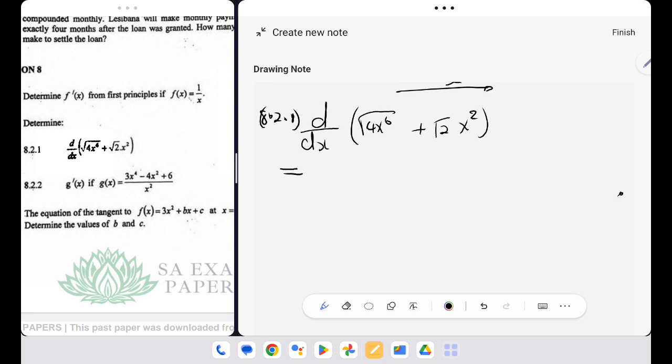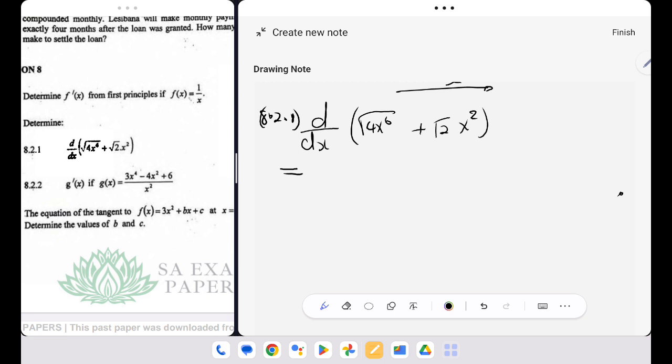So here in this case, for me to find a derivative, first I must remove surds, brackets, and fractions. So in this case, I have surds, and I'm only to remove surds on the unknowns I'm trying to derive.